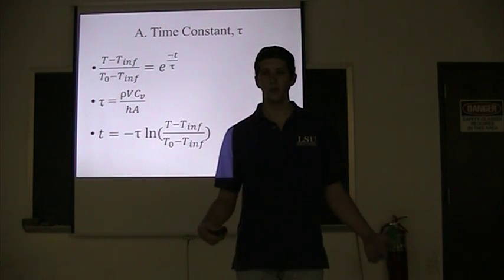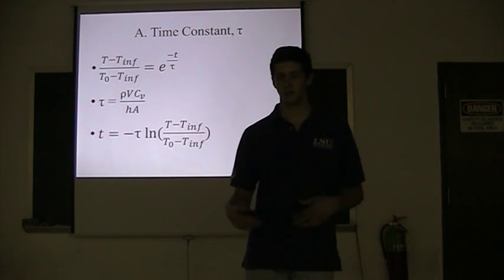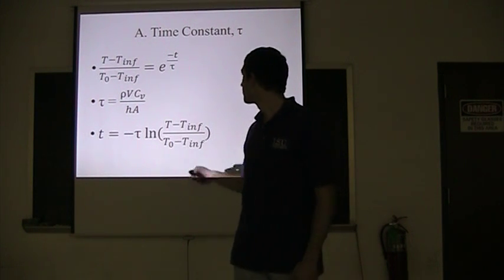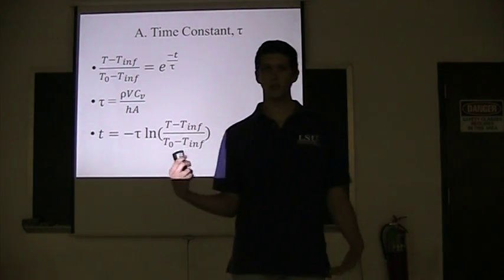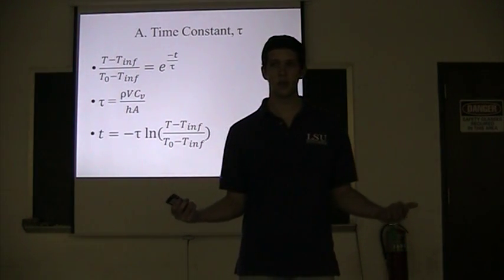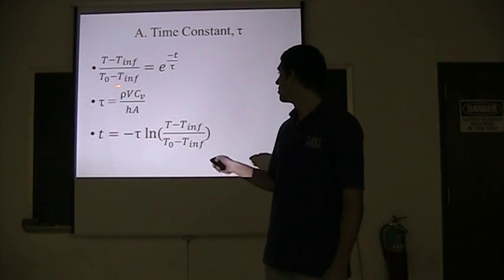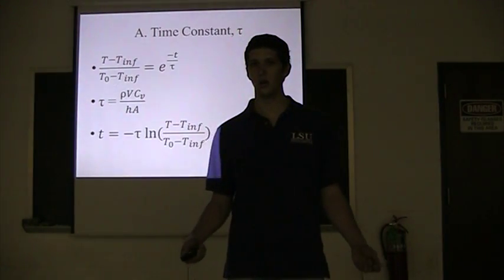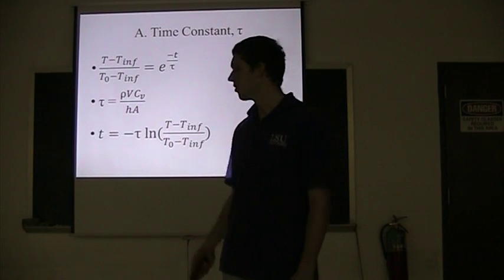So if we want to classify the response with respect to time, we have to use this exponential, and the only real factor in there is the time constant tau. Tau is basically density, volume and heat capacitance over the convection coefficient and the area.